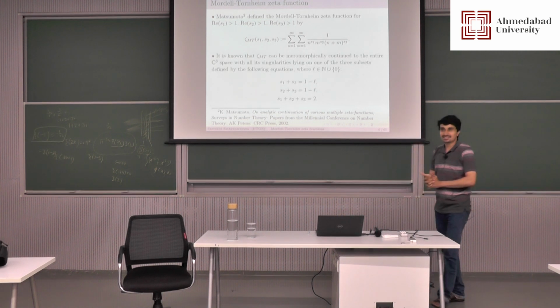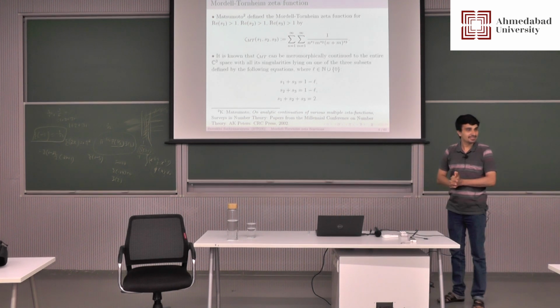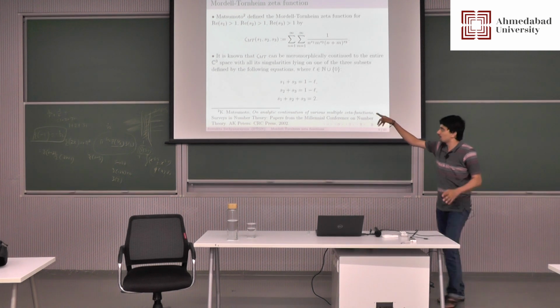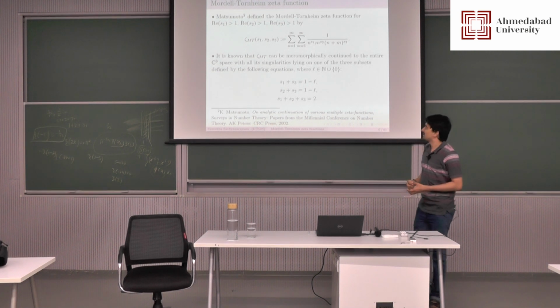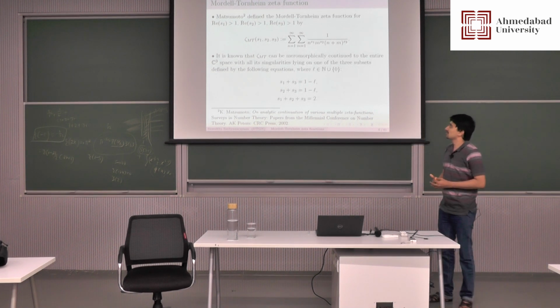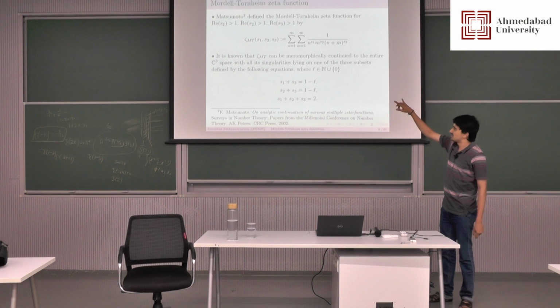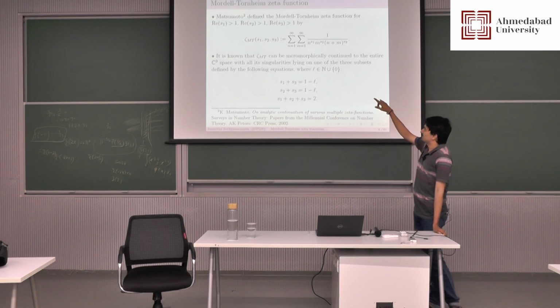And now it is three complex variables. In several complex variables, it's not a pole, it's a line. The singularities are given by lines. So where are the poles of this? It is defined for real s1 greater than 1, real s2 greater than 1, and real s3 greater than 1. In fact, one can show that this is convergent if you just consider real s1 plus s3 greater than 1, s2 plus s3 greater than 1, and the sum s1 plus s2 plus s3 greater than 2.